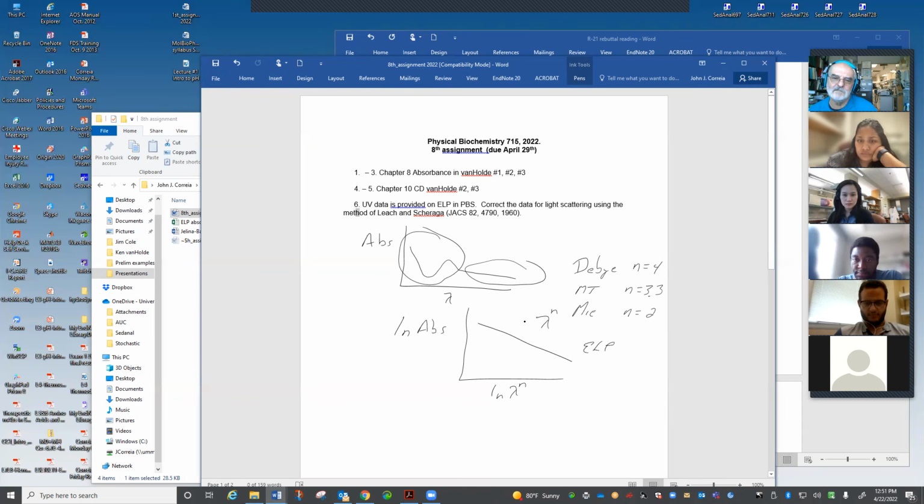The hard part is that when you fit, you don't fit the part of the data that has the absorption band; you only fit the part maybe higher than 350 or so. Then you have to convert this slope back to the absorbance scale. You take the fitted scattering curve and subtract it from these data.